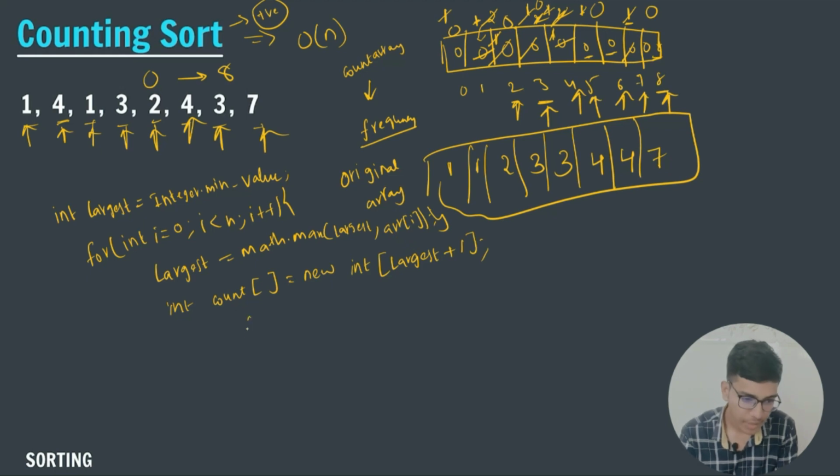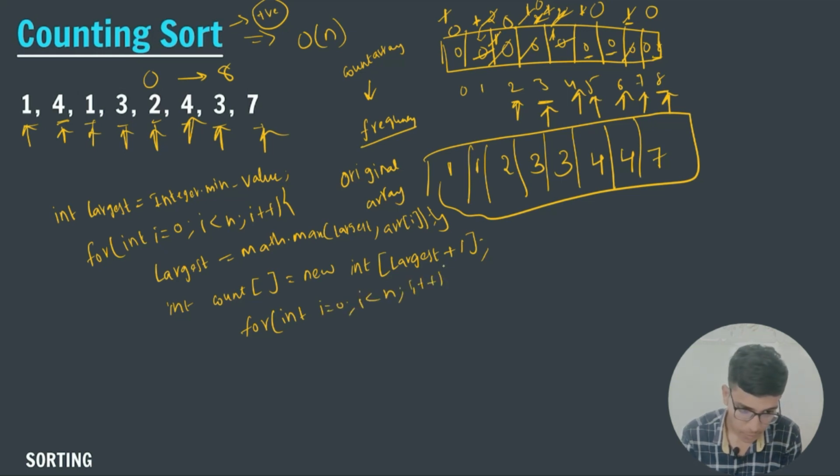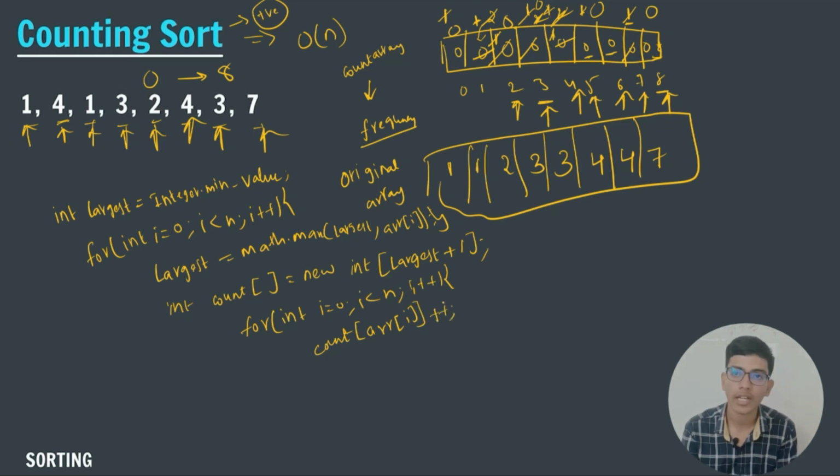After that I am running a loop and checking the occurrence of each element. So i equals 0 and i should be less than n, then i plus plus. Here what I am doing is count of arr of i plus plus. At each element, if the element has occurred, then I am going to increase the count value at that particular index.